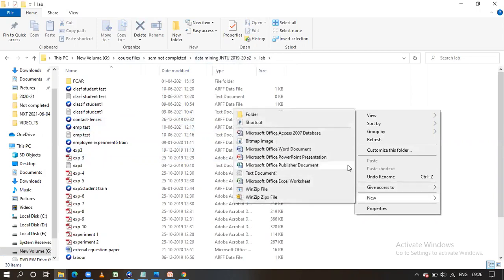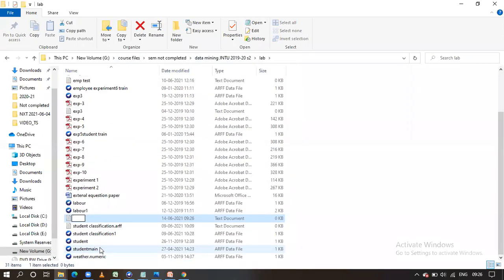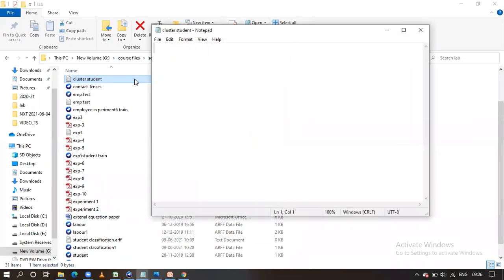Let us create the student.arff file. Cluster student, guys. Here we have to give the data. Let us prepare the student.arff dataset.